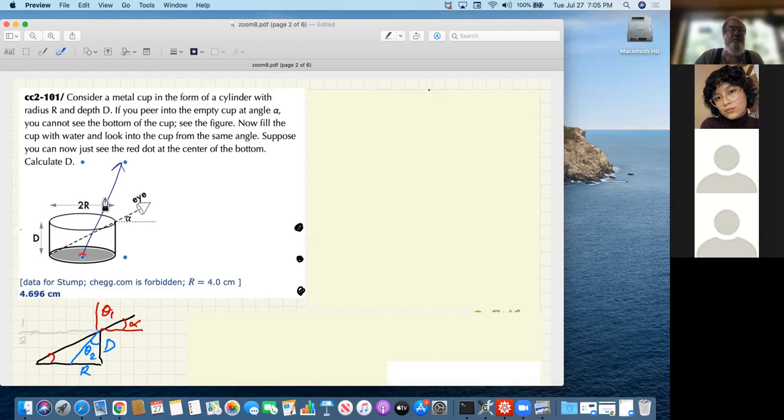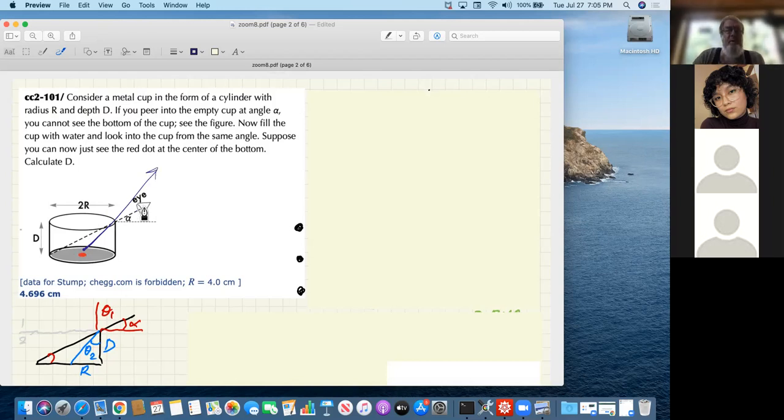Or if it was just barely coming towards your eye, it would travel in this direction, but it would not go into your eye.